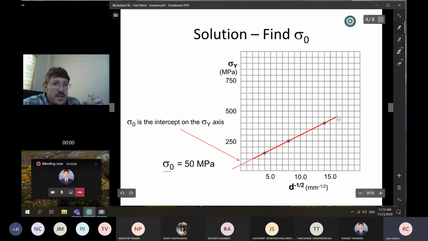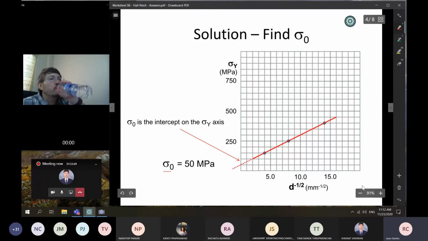But here, you extend the line. And if you graphed this very well and you used a ruler to draw everything like you should, you would find it intersected at 50. 0 and 250, so 200, 150, 100, 50.